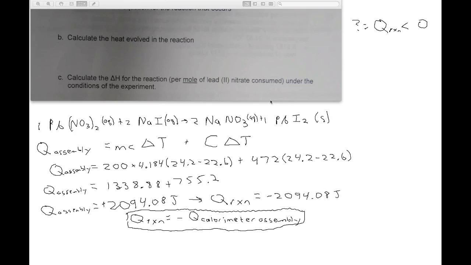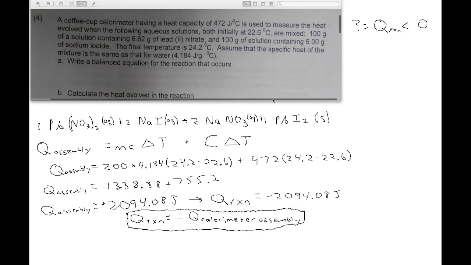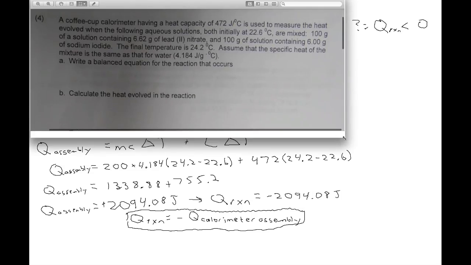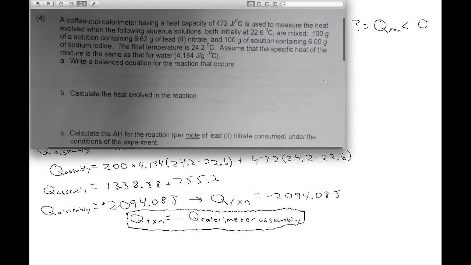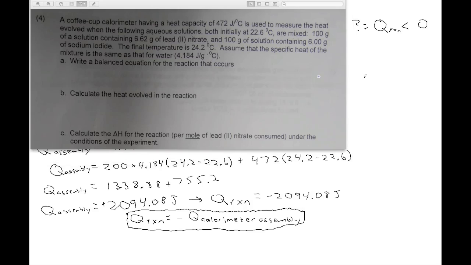Well, we know the total Q for the reaction is negative 2094.08 joules. It said delta H for the reaction per mole under conditions of the experiment.